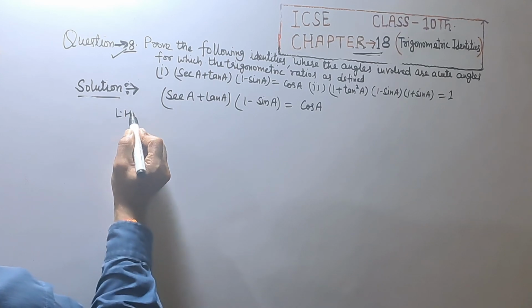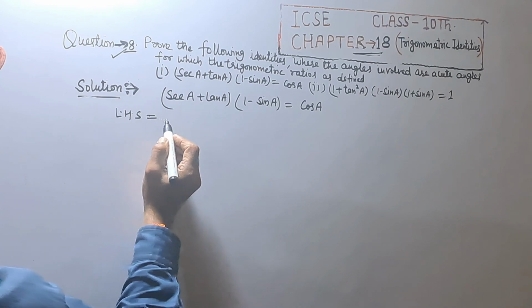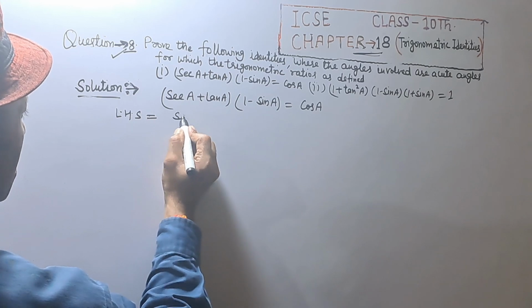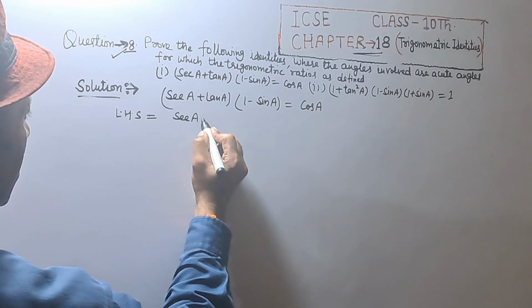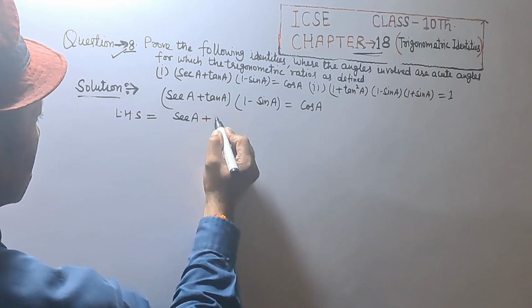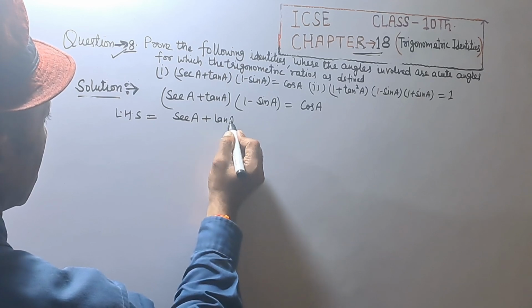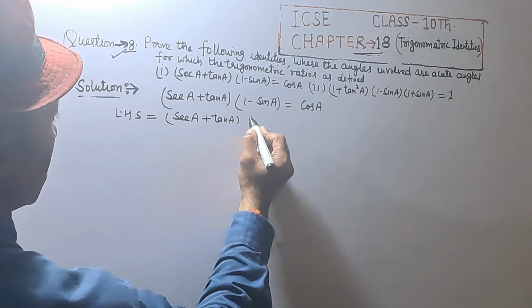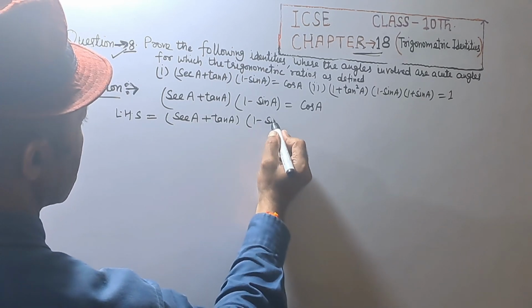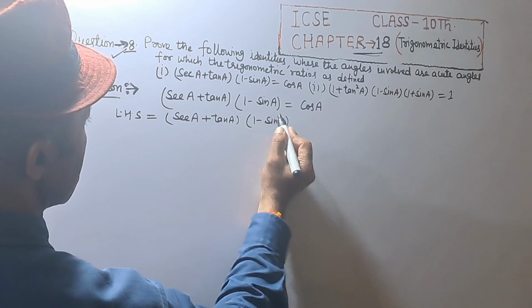Taking the left hand side, that is equal to (secant A plus tan A) into (1 minus sin A).